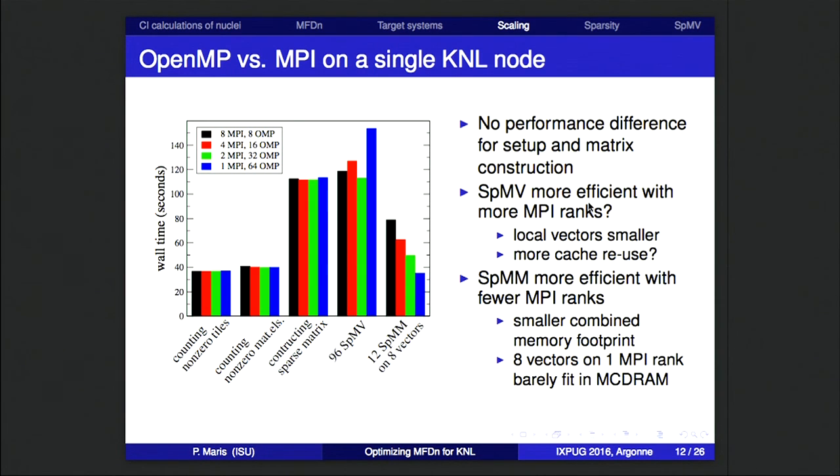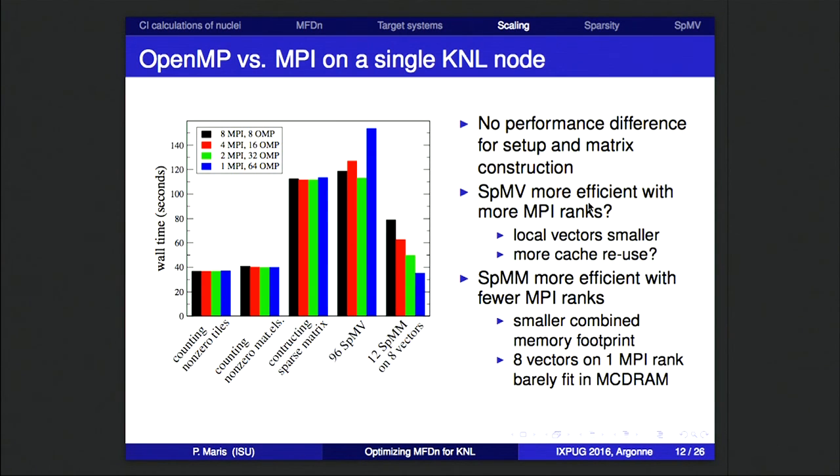First, why do I decide on 1 MPI rank per node? Well, there are two reasons. One of them is here. In the construction phase, it doesn't actually matter whether you have 1 MPI rank per node and all OpenMP, or several MPI ranks and a reduced number of OpenMP threads. It's completely independent, these first three timers, which is the counting of the non-zero tiles, the counting of the non-zero matrix elements.